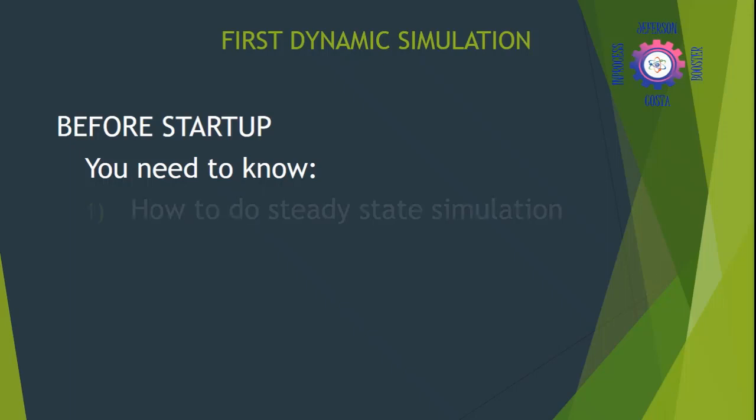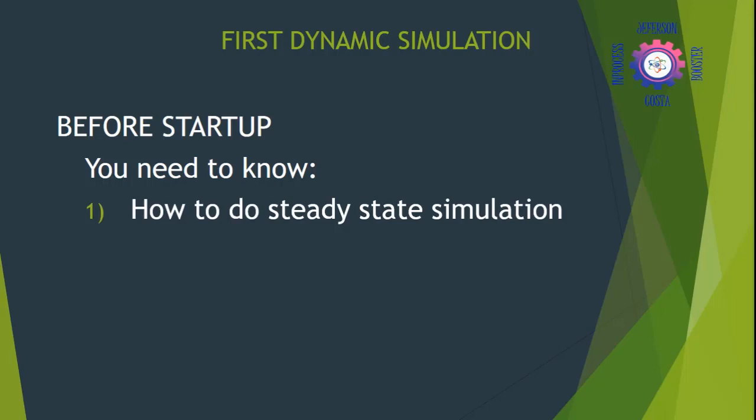The first one is that you need to know how to do a steady state simulation, and that must be very clear to you. How do you converge it? How do you solve issues related to steady state simulation? Because you will not be able to start your dynamic simulation if your steady state simulation is not converged.